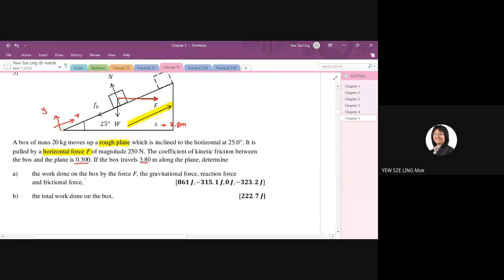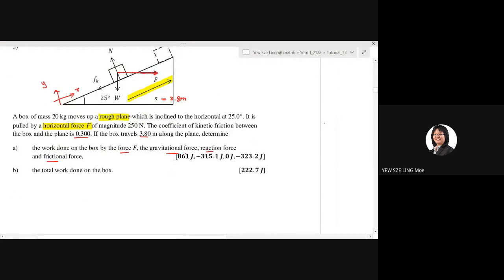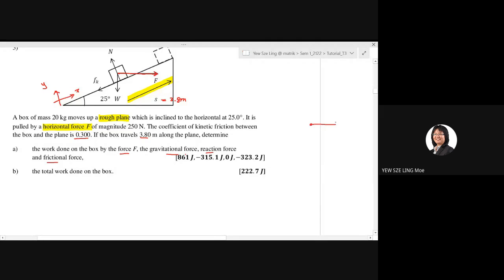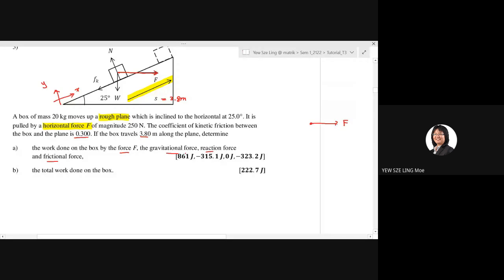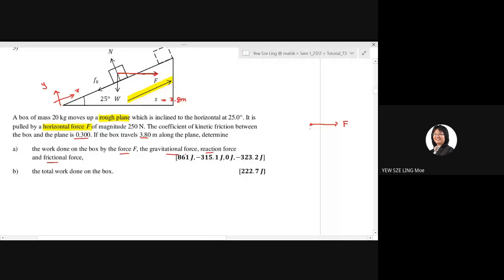So we want the work done on the box by the force, by the gravitational force, by the reaction force, and by the frictional force. The question asks you to determine the work done by each individual force. So how are we going to calculate it? Let's begin with the force. I think it would be easier if I resketch the diagram. So I have a force going to the right, and a weight going down.